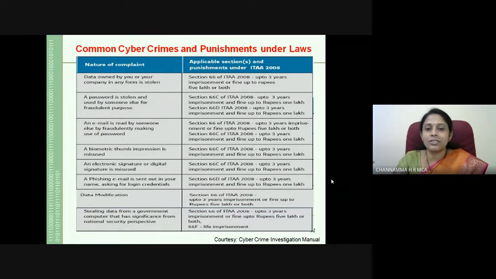Getting a photo is not a big thing, right? Profile photos we change frequently, and on Facebook also we get them. But he said, I'll modify all those photos and upload them to YouTube. So the modification is not with a good intention; it is with a bad intention. He was asking for some money, saying that if you don't give this much money, I have your photos and I have modified them with a bad intention and I'll upload them to YouTube.